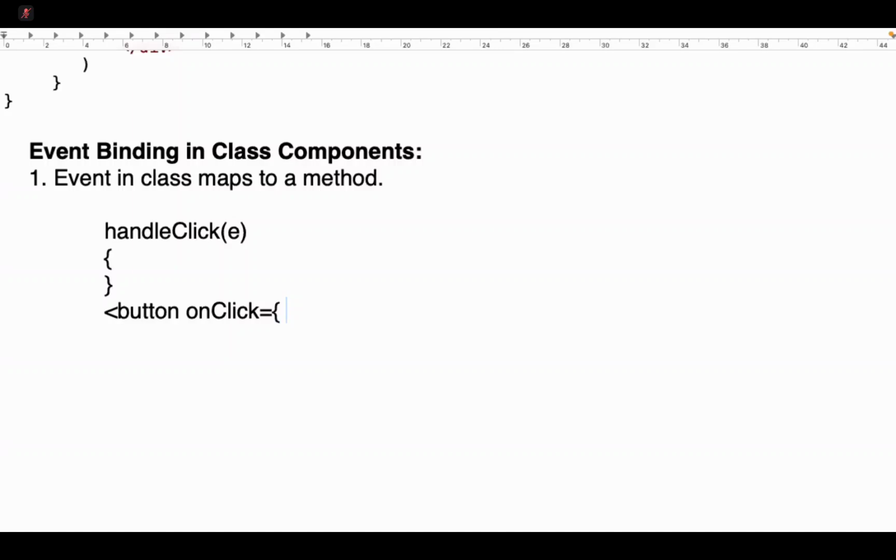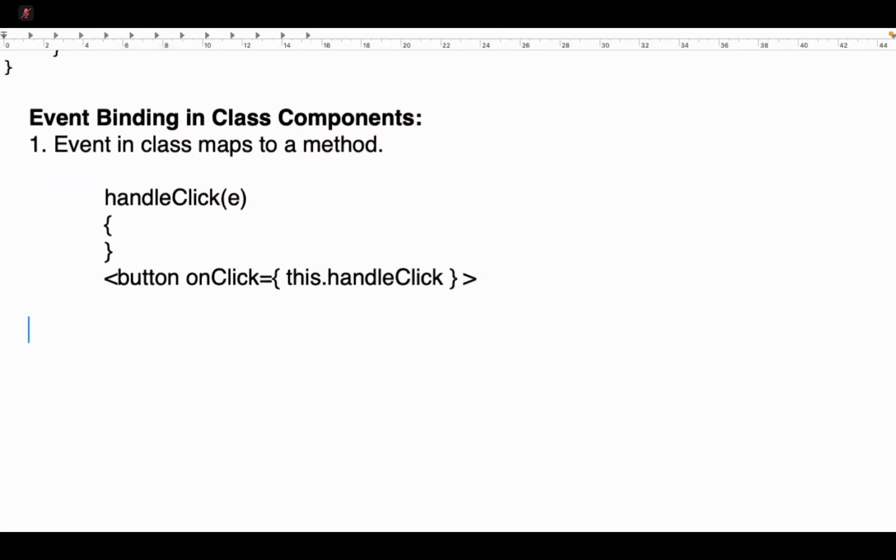So all synthetic events are the same. Here we have to use this dot handleClick. That's how we define it. Because you are using a class, in a class, all members of the class are accessible inside the class by using which keyword? This, if they are non-static. If they are static, they are accessible by class name, right?